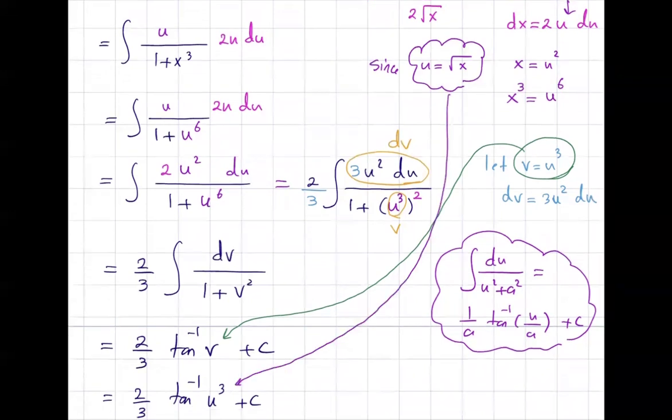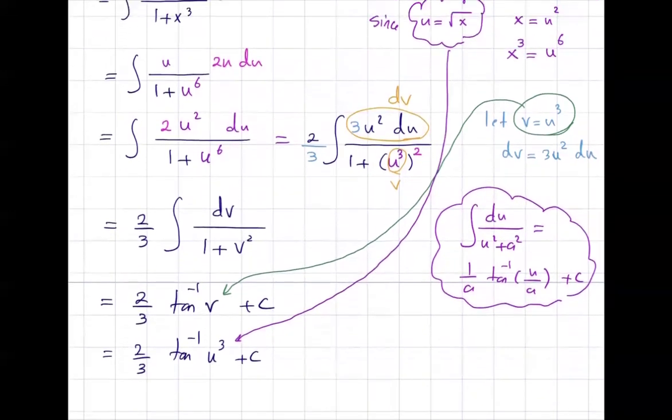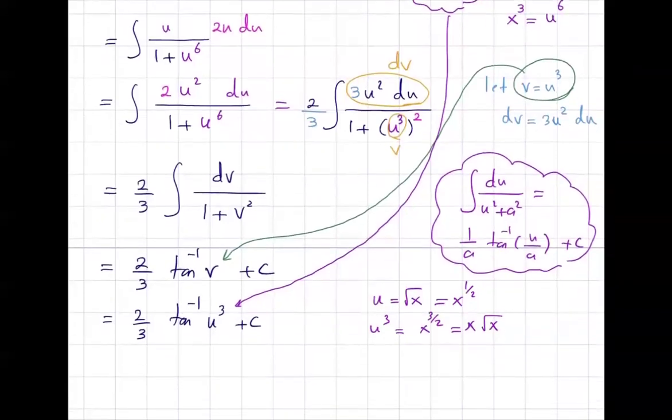I cannot leave it as it is. So since your u is equal to square root of x, or x to the power a half, u to the third is equal to x to the power 3/2, or x times square root of x. So this integral in turn is 2/3 inverse tangent of x times square root of x plus constant of integration.